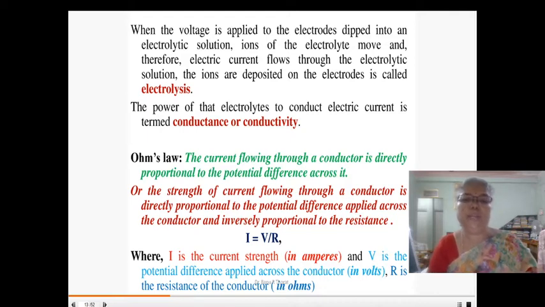Under a constant potential difference, the current strength becomes proportional to 1 by R, and this quantity 1 by R is the measure of conductance.